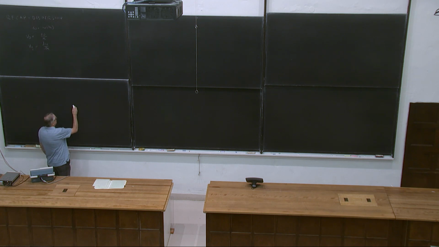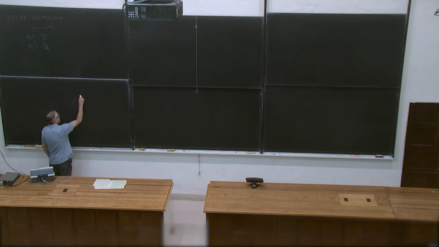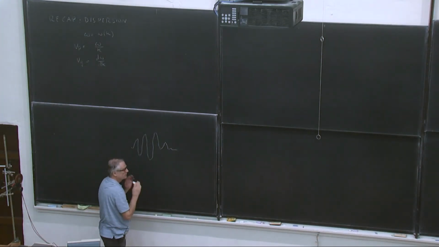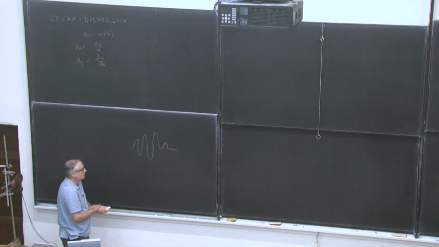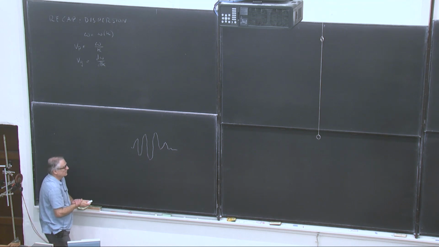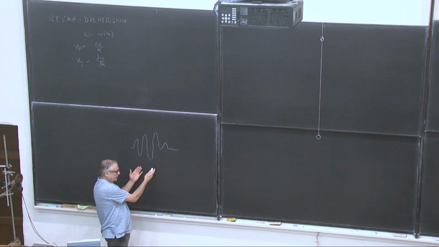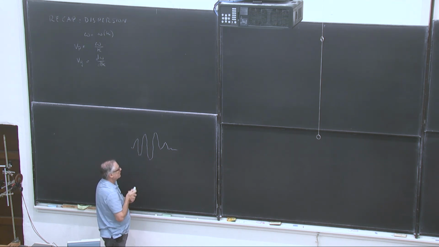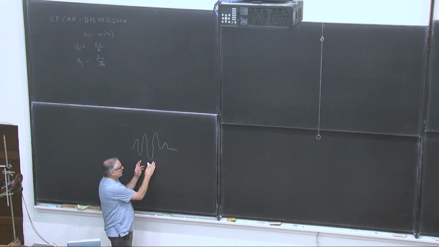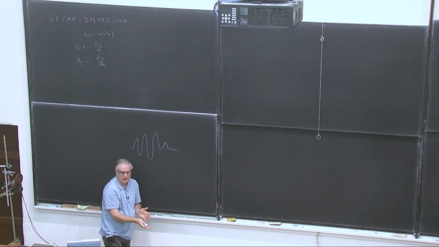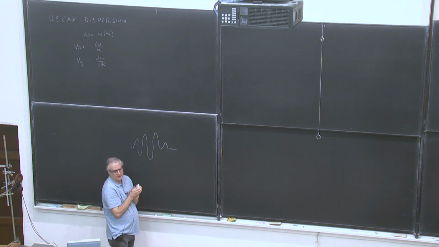So in particular, if we have something like a wave packet that's propagating along, if different frequencies are propagating with different velocities, then whatever this wave packet looks like at one time will look different at a later time because it's made up of many frequencies.